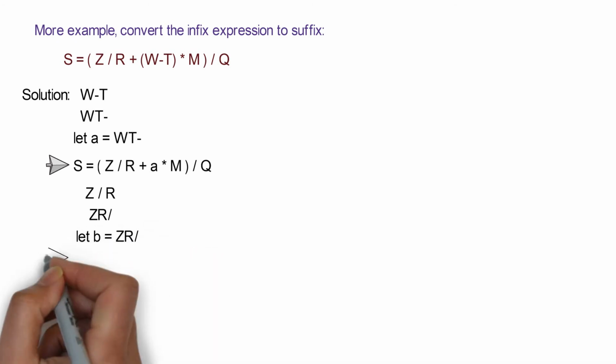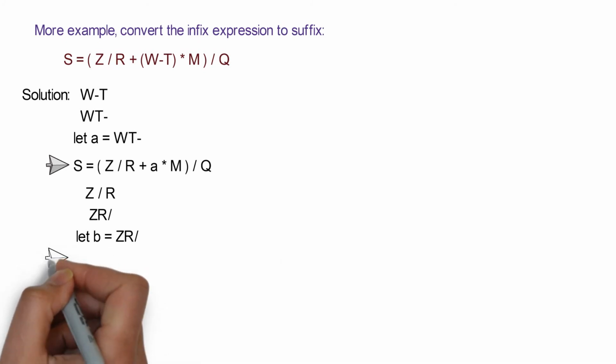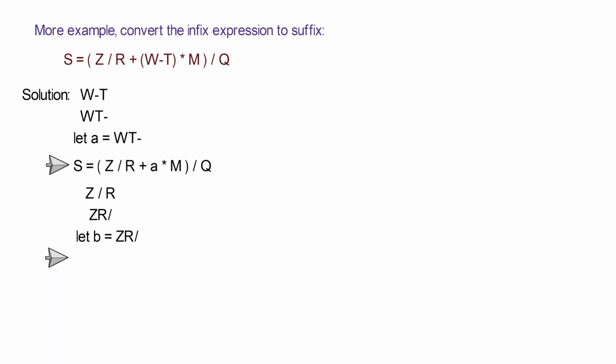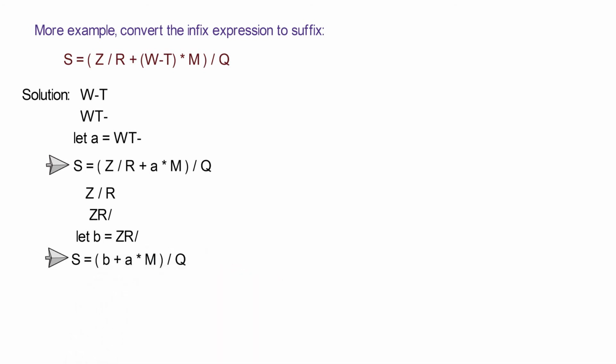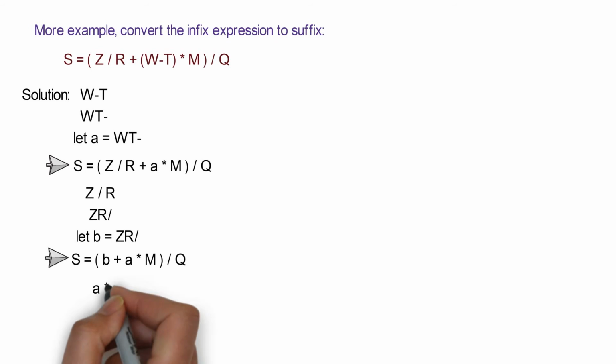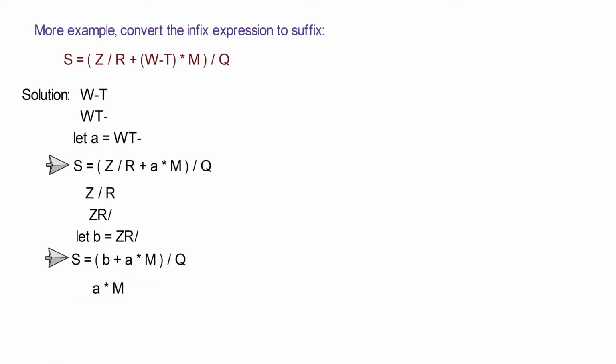From here, we rewrite the expression again, giving us S equals B plus A times M, all into bracket divided by Q. If your guess is as good as mine, then you are a genius. We now proceed to A star M, and its suffix form becomes AM star.